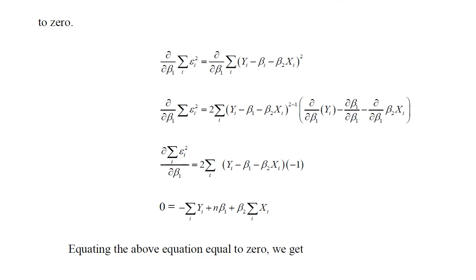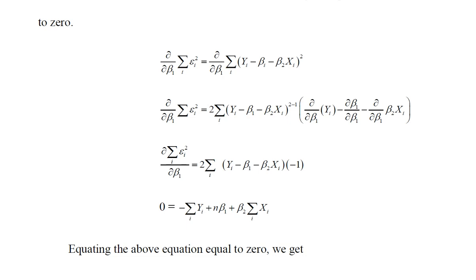As you know, in partial differentiation we differentiate with respect to beta 1, so other terms instead of beta 1 are considered to be constant, and the derivative of a constant is equal to 0. So here the derivative of this term is 0 and this term is also 0, and by dividing this term with this term we get minus 1 here.